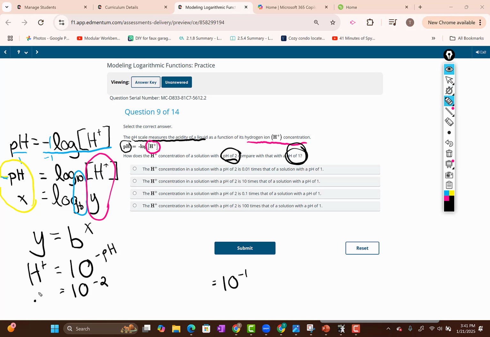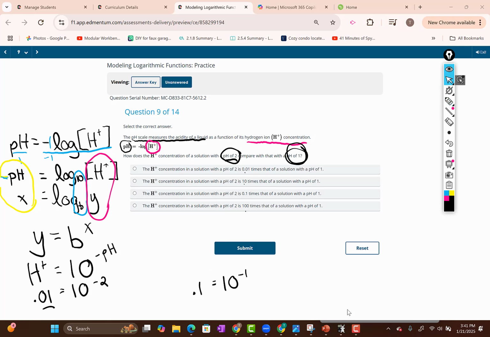We're comparing 0.01 and 0.1. And if we look at the four choices, notice how they phrase it. The hydrogen concentration in a solution with a pH of 2 is something times that of a solution with a pH of 1. So basically, we've got to figure out, okay, how many times bigger is 0.01 than 0.1?